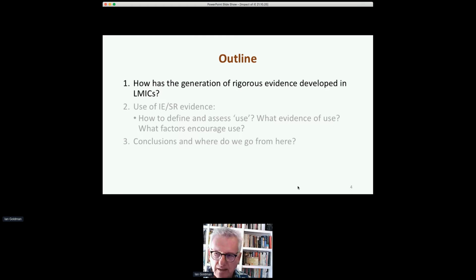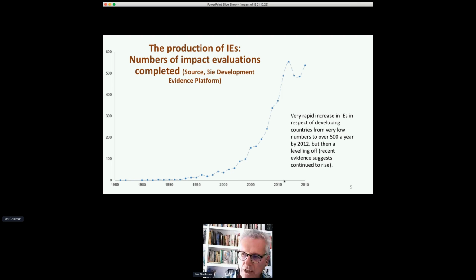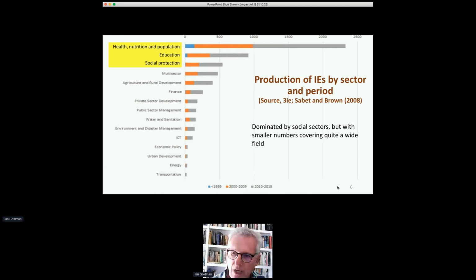So what did we see in terms of the generation of evidence? You may well have seen this graph showing the numbers of impact evaluations produced. In fact, Howard has just updated this, and the trend has apparently continued. But where are those IEs? They're predominantly in health, nutrition, population, in education and social protection, with smaller numbers in other fields.